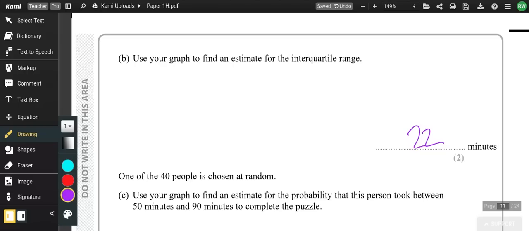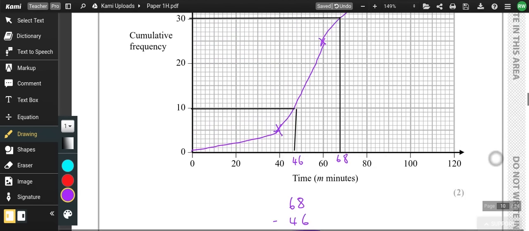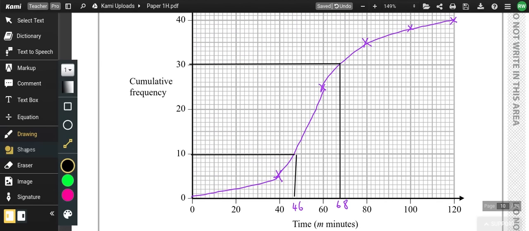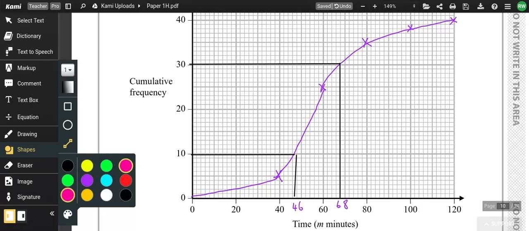One of the 40 is chosen at random. Use a graph to find an estimate of the probability that this person took between 50 and 90 minutes to complete the puzzle. So 50 and 90 is there. That's going across there. And 90 would be up there. That's just under there.